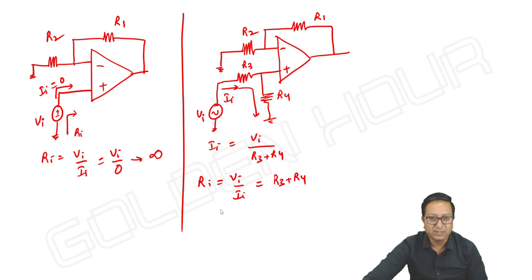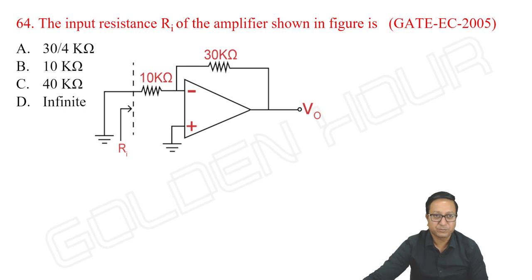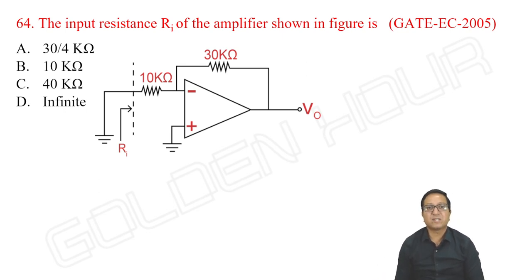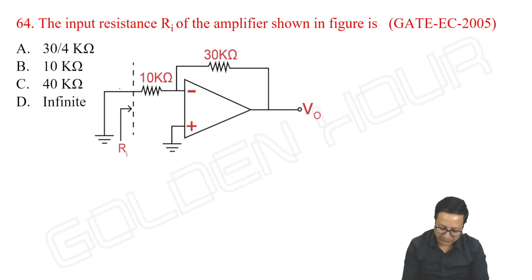Now let us see some problems. See this. The input resistance Ri of the amplifier circuit shown in figure is. They are asking to find the resistance looking into this particular terminal. So there I am connecting the source.